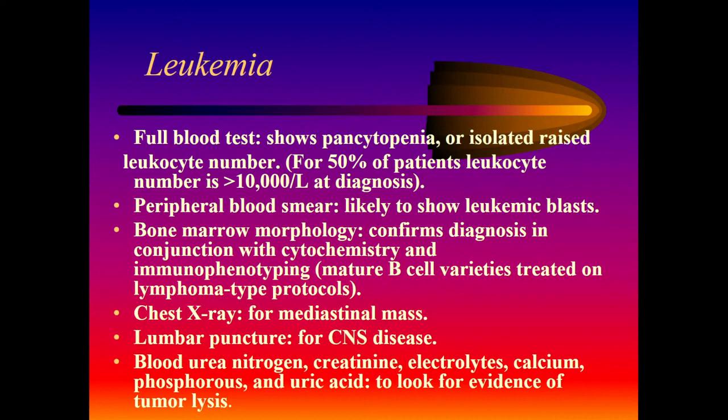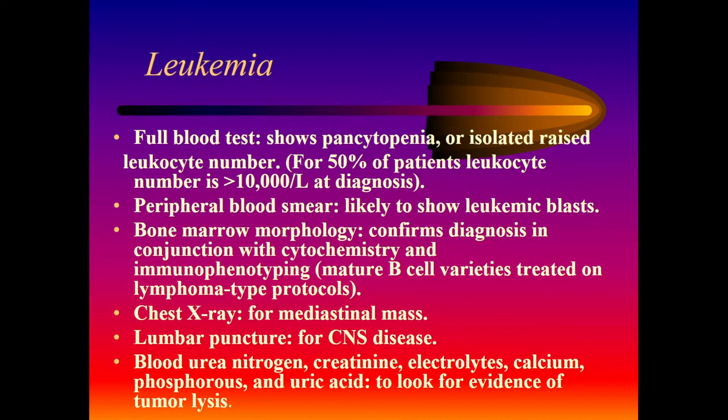Peripheral blood smear is likely to show leukemic blasts. Leukemic blasts are one of the main signs of leukemia. Bone marrow morphology confirms diagnosis in conjunction with cytochemistry and immunophenotyping.